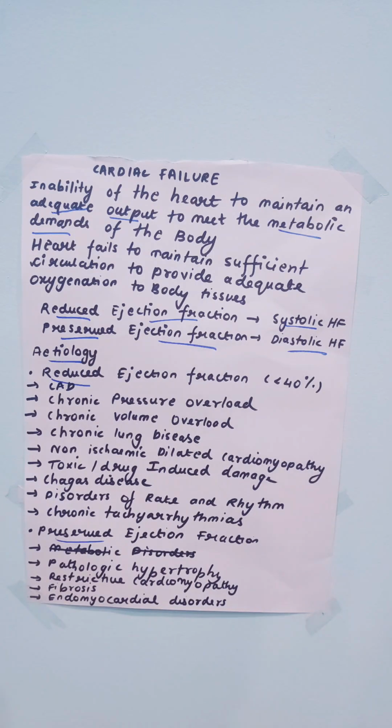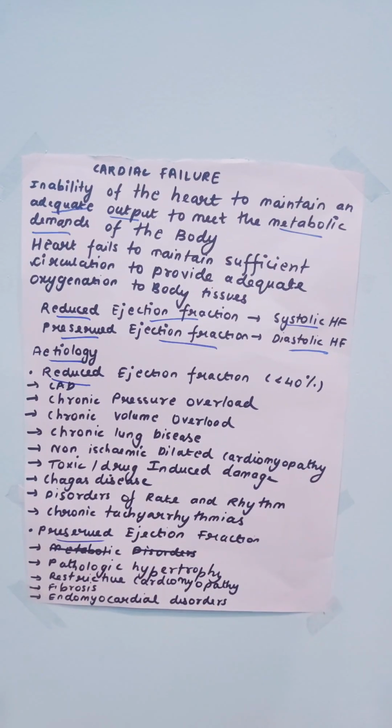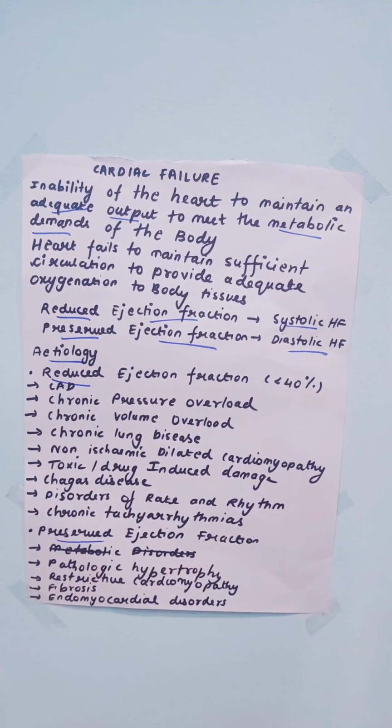Now I will be talking about the causes, the etiology of cardiac failure. First, when the ejection fraction is reduced, that is less than 40%, it is systolic heart failure. The causes are coronary artery disease like MI, and chronic pressure overload.